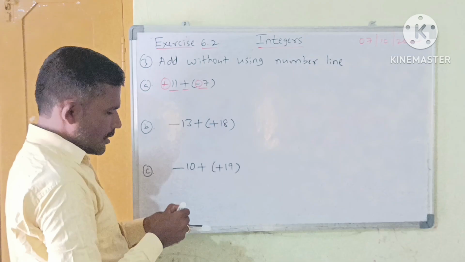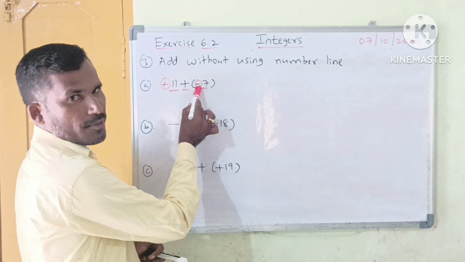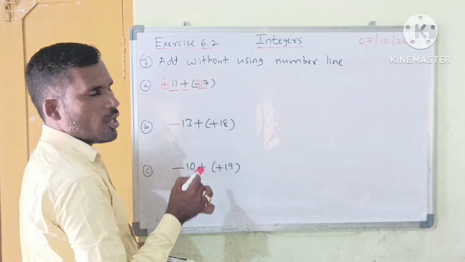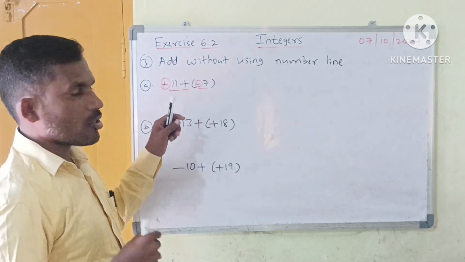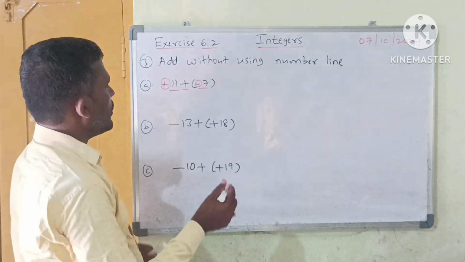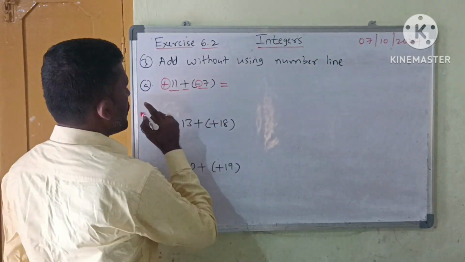Plus and minus are opposite. So when you have different signs, opposite signs, you have to subtract the two integers, first leaving the sign.